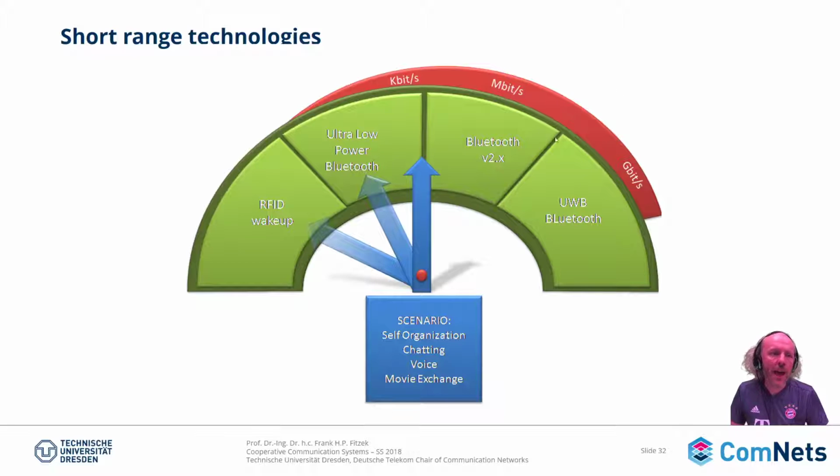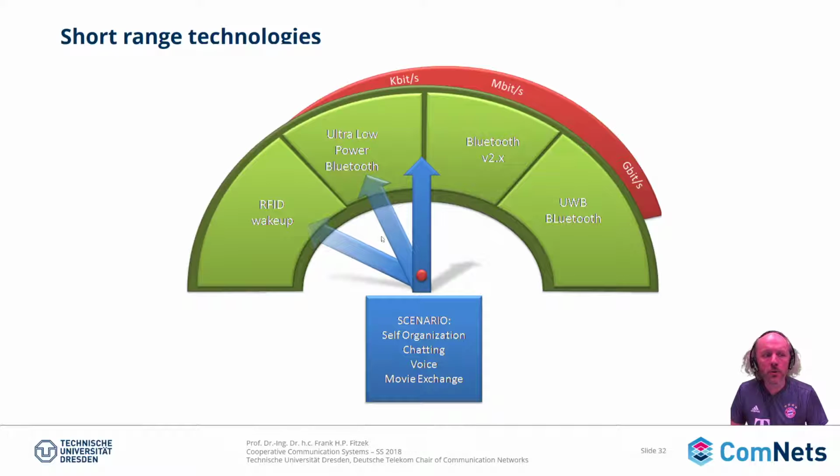Now, if you have multiple short-range technologies, you can even use them as a shifting gear idea. So why always use something like ultra-wideband, Bluetooth or Wi-Fi at the highest rate? Because this gives a high data rate, but you will also use a lot of energy. Why not use other technologies just to find out where you are, in which scenario you are? For example, RFID wake-up to say, oh, now you are in the airport.